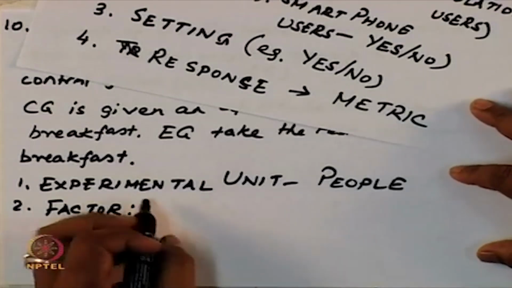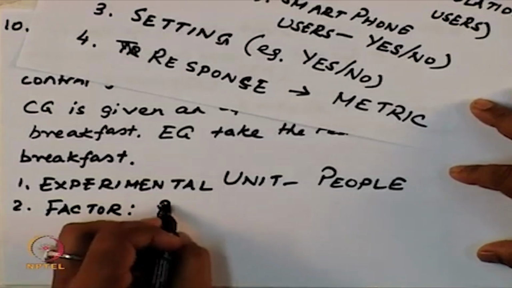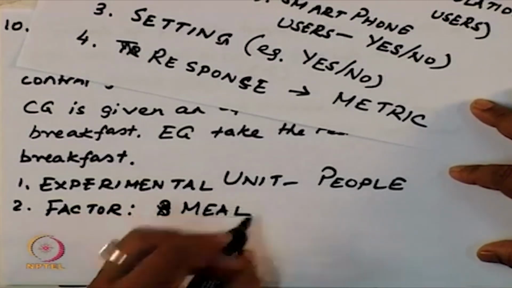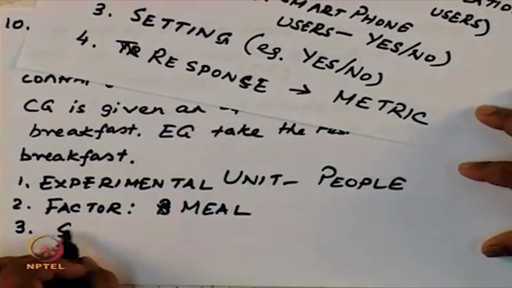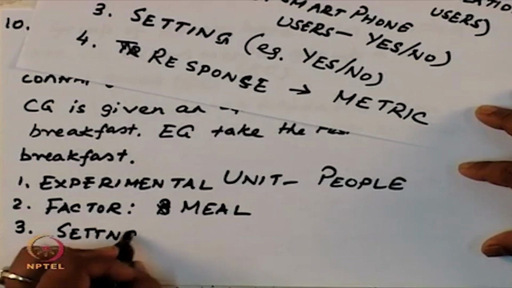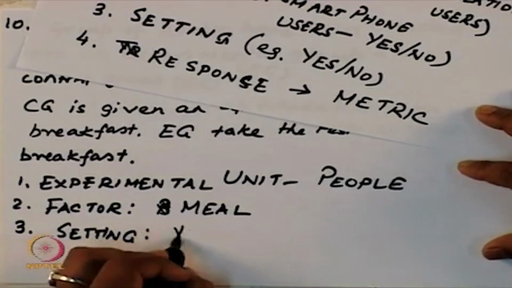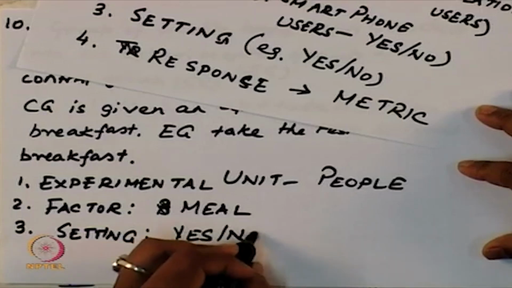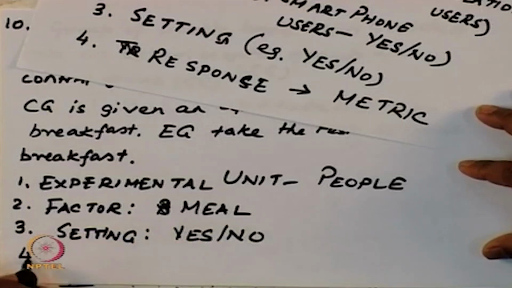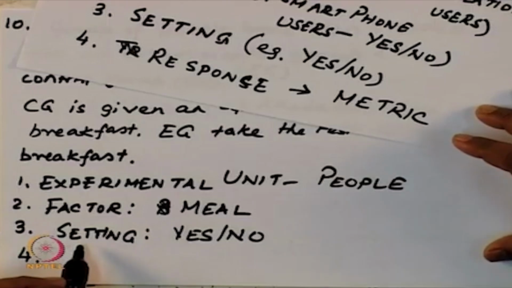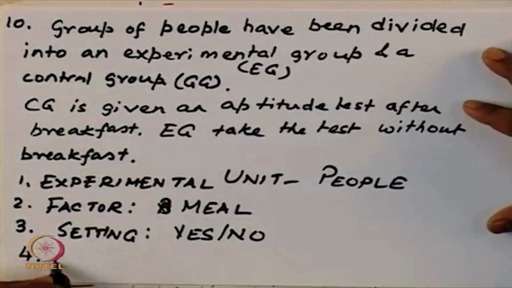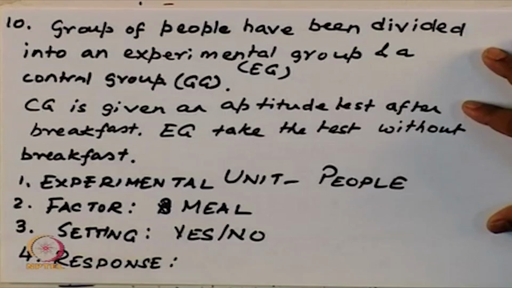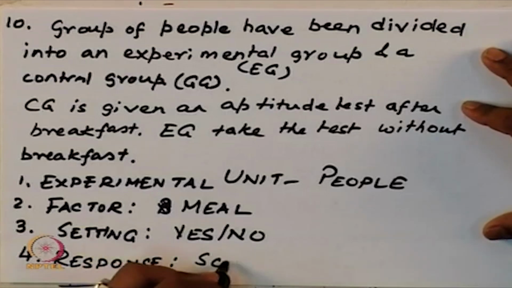The factor is your breakfast or meal, because you want to probe the effect of meal. What is your setting? Whether it is yes or no. So your treatment or setting is the same, because the treatment is either they have had the breakfast or they have not had the breakfast. And what is your response? It is your aptitude score.